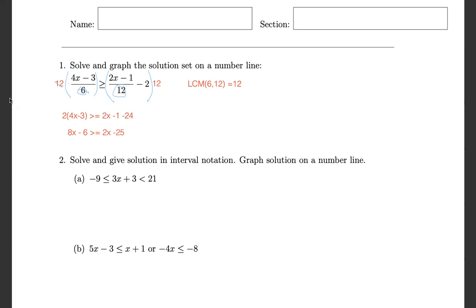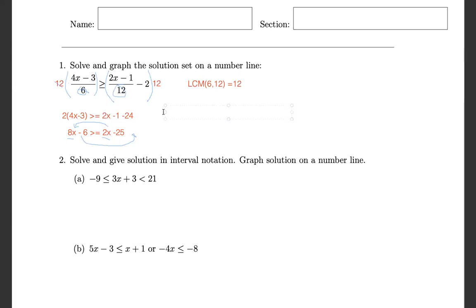Now we want to combine like terms. Because the like terms are on both sides, we move 2x to this side, and when we move it, it becomes negative. Simultaneously, we can move -6 to this side, and it becomes positive.